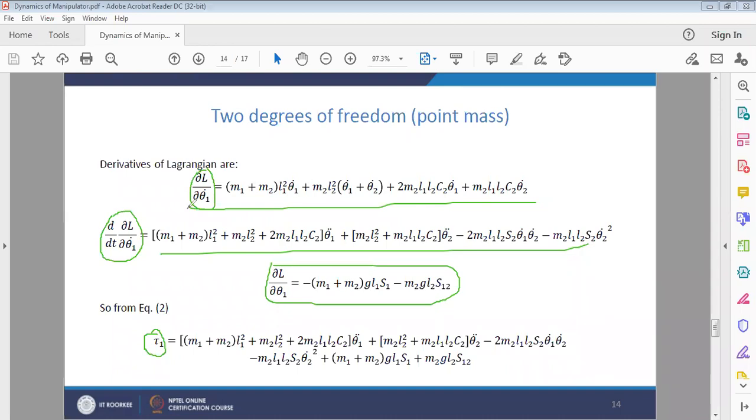With respect to theta 1 dot and theta 1 we get torque tau 1 for joint 1, that is for mass m1. So this tau 1 is equal to this torque equation. Next, differentiate L with respect to theta 2 dot and theta 2.